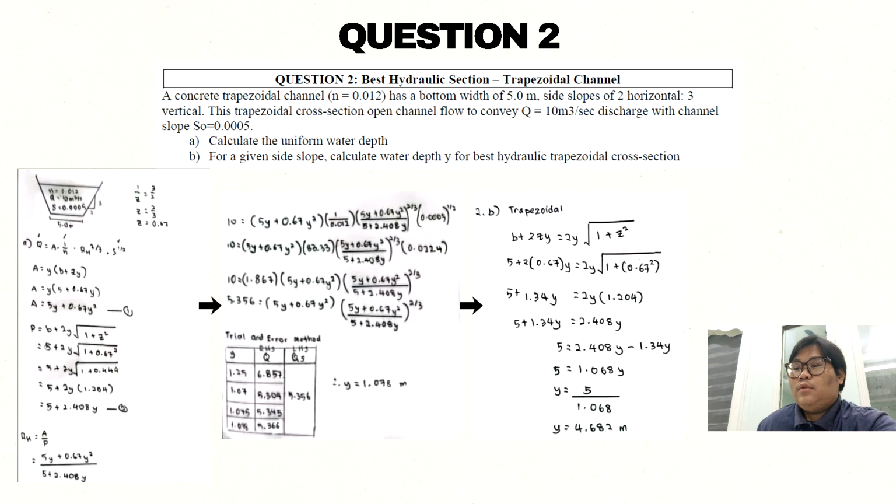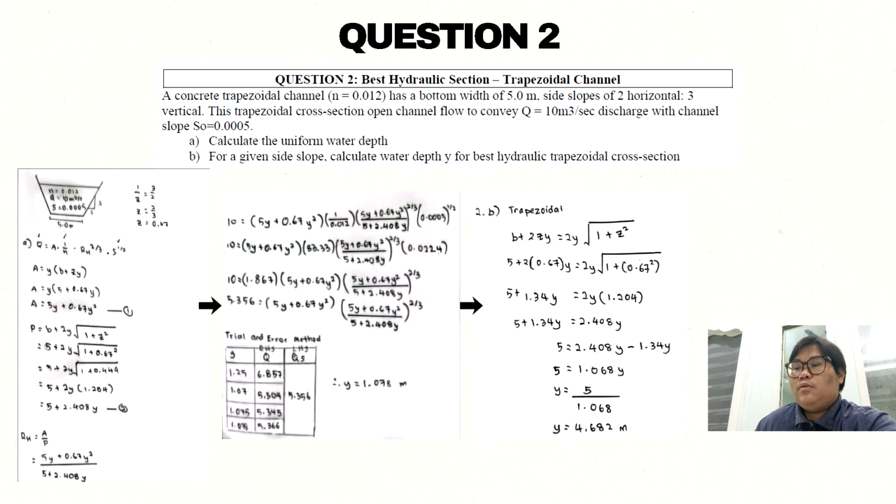After that, the 1.867 goes to the 10, and it will become 5.356 equals 5y plus 0.67y squared times 5y plus 0.67y squared over 5 plus 2.408y power of 2 over 3.